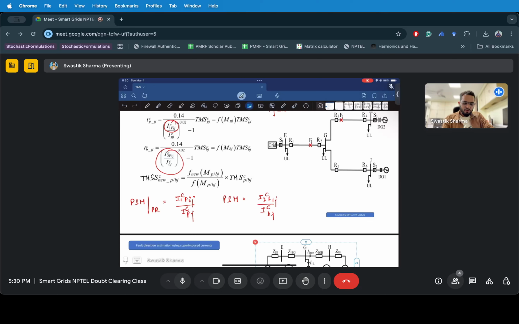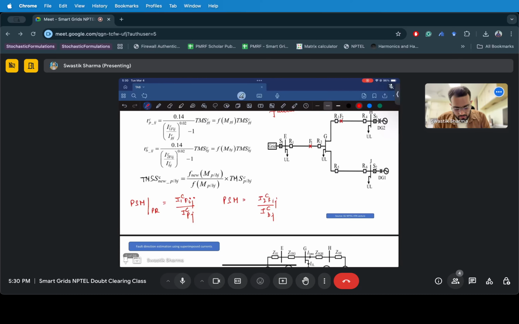Fij is the fault current experienced by relay J for a fault at I. Based on this, they calculate a new operating time for the backup relay and the primary relay using this plug setting multiplier.